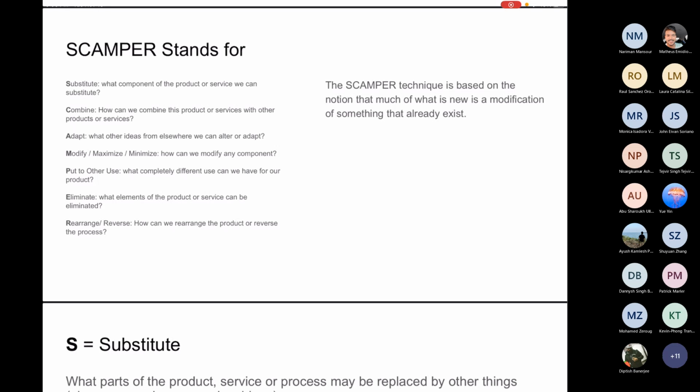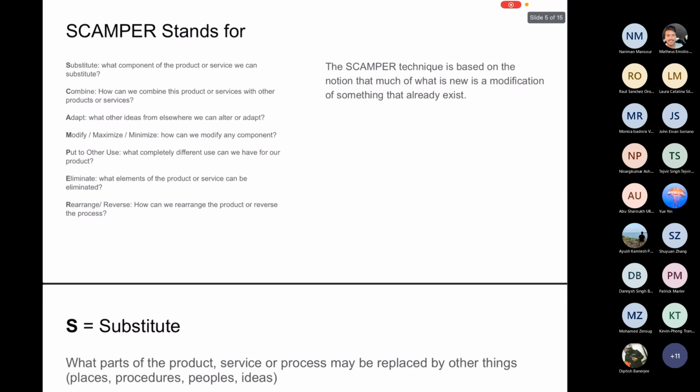For example, you want to substitute an item, like a belt. Instead of making it from leather, you want to make it from plastic. And this is how you're going to substitute. Combine could be combining two elements or two things that are not usually together.